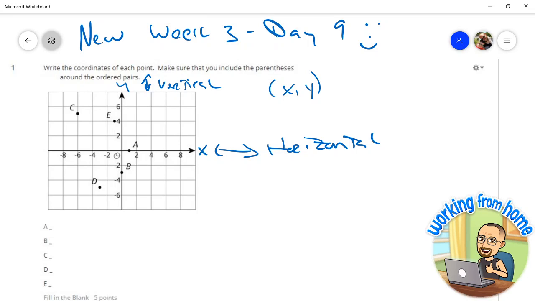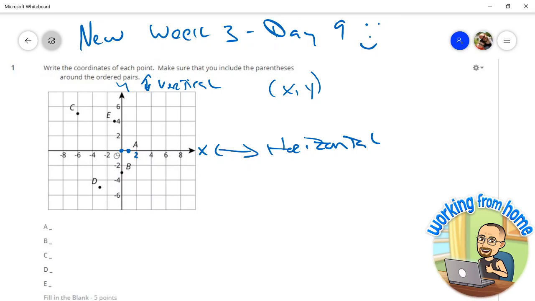All right, so let's go to A. A is right here. Now, one of the first things we want to look at is what are the intervals of the lines. So you can see that, okay, so in the origin where x and y meet is 0, 0. You know that. Now I go over one line and I get to a 2.